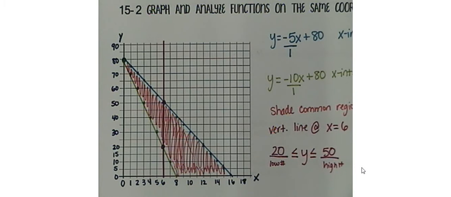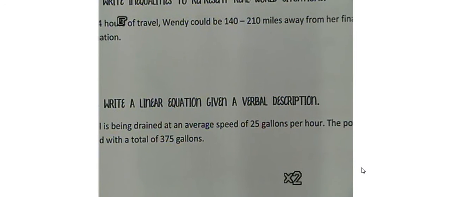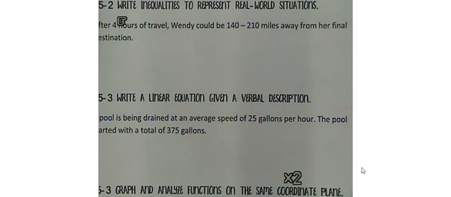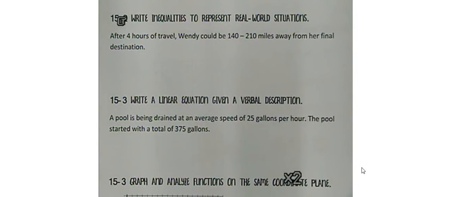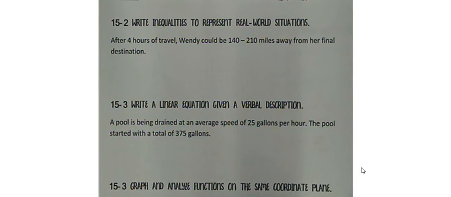Okay, the next one says, after 4 hours of travel, Wendy could be 140 to 210 miles away from her final destination. Write the inequality to represent this real world situation, just like we were doing in the previous question.